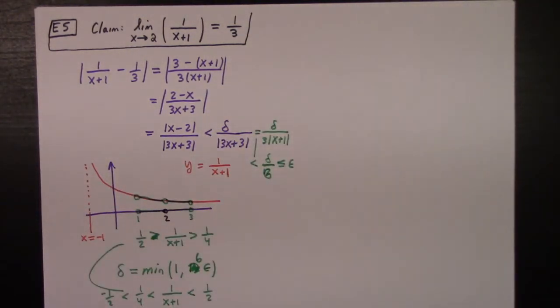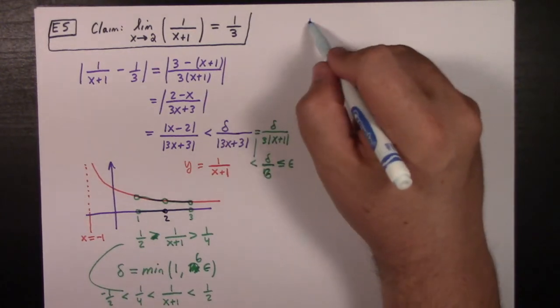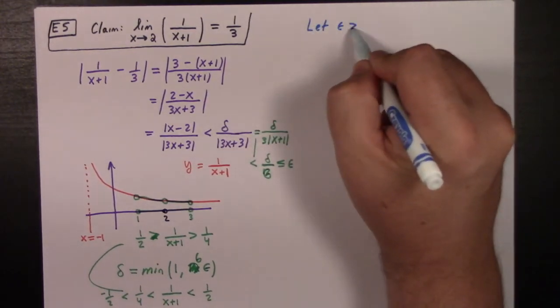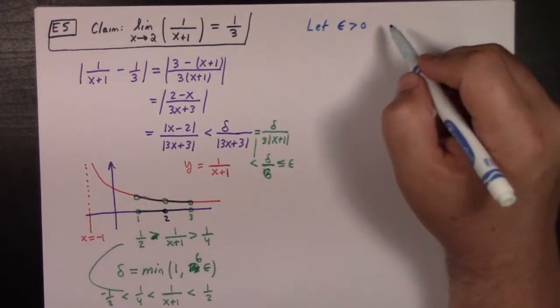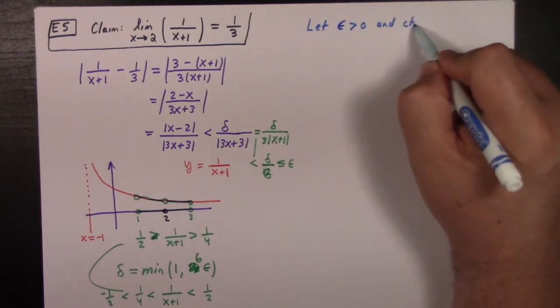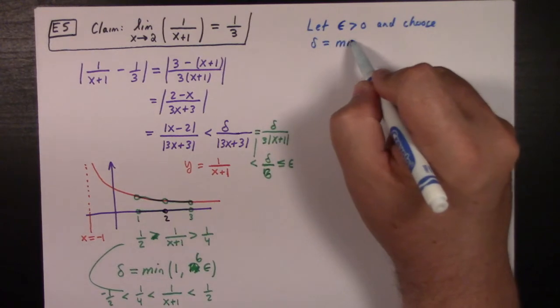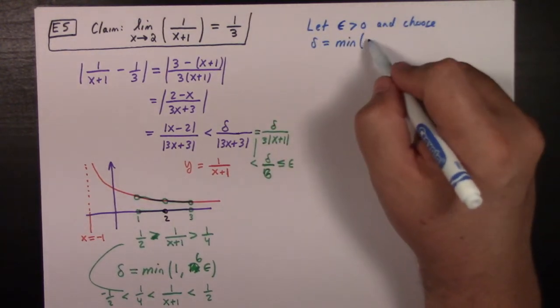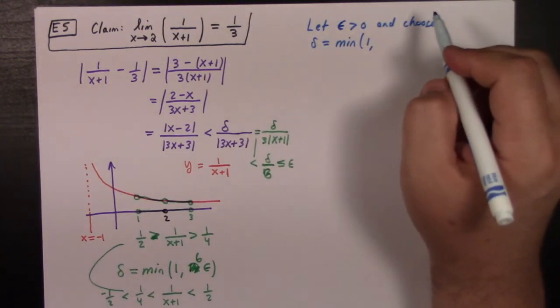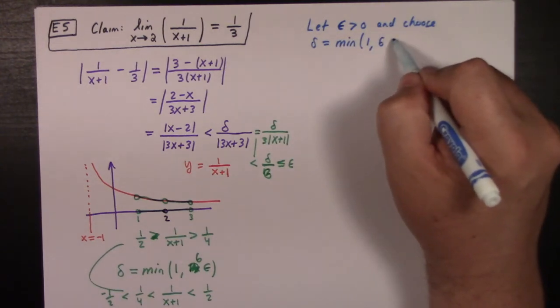All right. So let epsilon be greater than 0, and choose delta equal to the minimum of 1 and 6 epsilon.